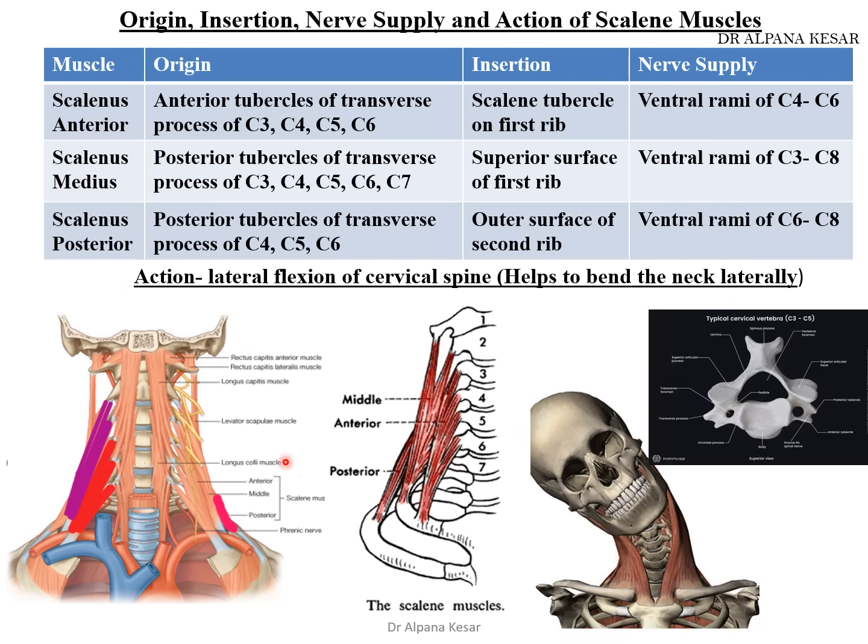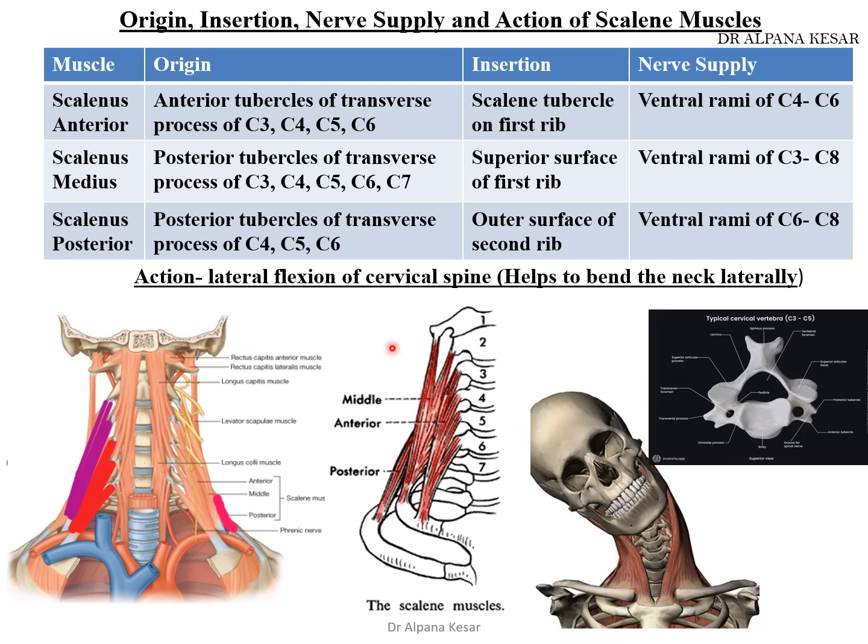Scalenus posterior muscle takes origin from the posterior tubercles of the transverse process of 4th, 5th, and 6th cervical vertebra. It gets inserted on the outer surface of the second rib and receives its innervation from the ventral rami of 6th, 7th, and 8th cervical spinal nerves.